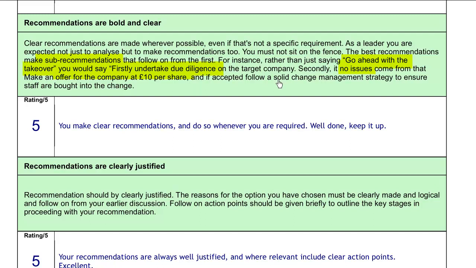Okay, and maybe in this particular case we need to then have a change management strategy once we've actually bought that. So can you see the level of quality of an answer that in 2 lines has considered those 4 issues rather than just go ahead with the takeover? And that's what makes a really good recommendation.